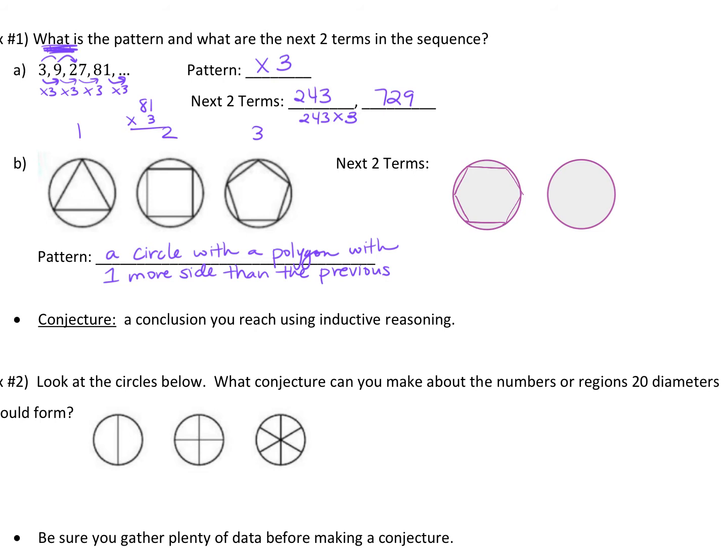Just make it as best you can. So that's 6 sides, right? And then 7 sides. 1, 2, 3, 4, 5, 6, and 7. You're probably much more artistic than me, so go with that.